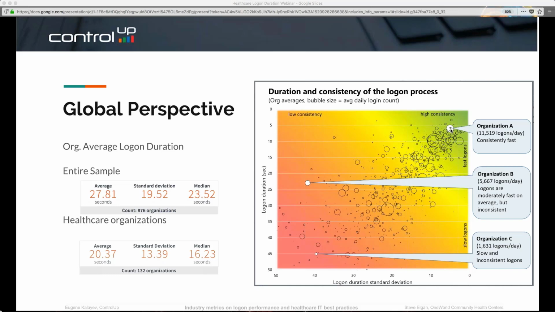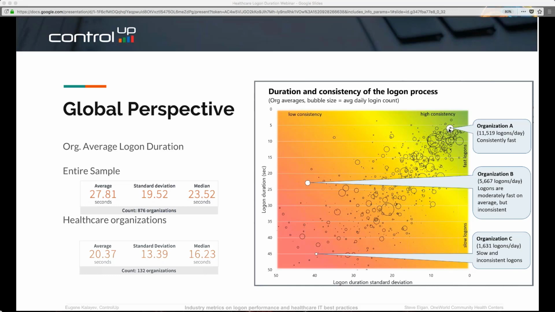We measure consistency by the standard deviation or the variance. The standard deviation of this particular organization is really, really low. That means that they're in the green area. That means that they have both fast logons and very consistent and predictably fast logons. So a user logging on to this environment basically can count on an environment which is fast to initialize and pretty consistent and predictable, which is not less important when we're talking about user experience.